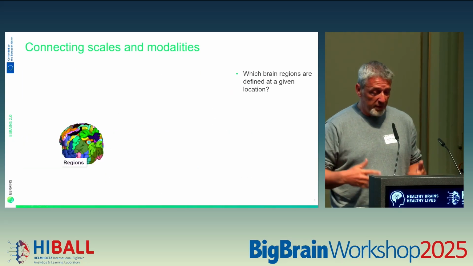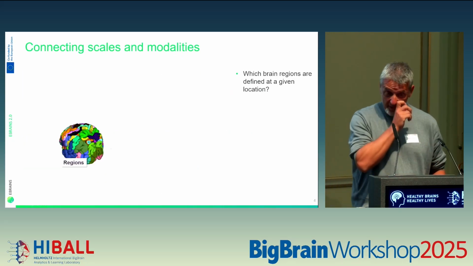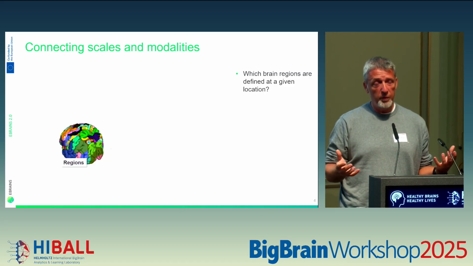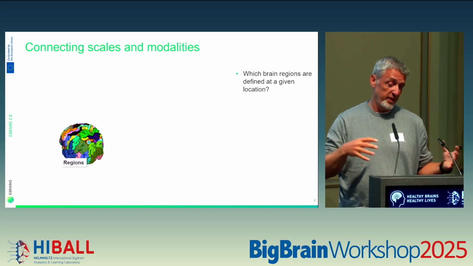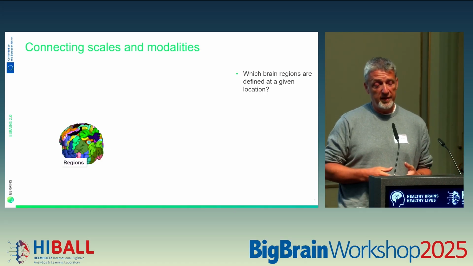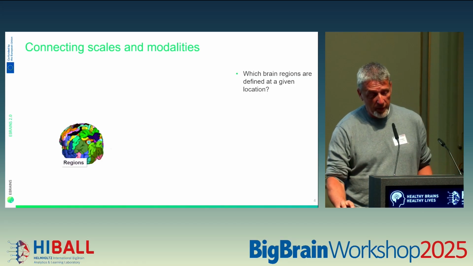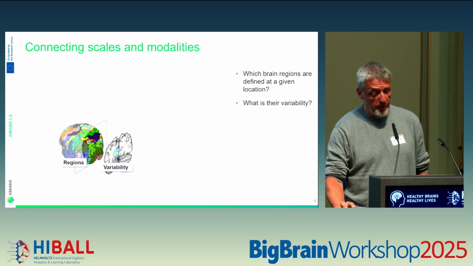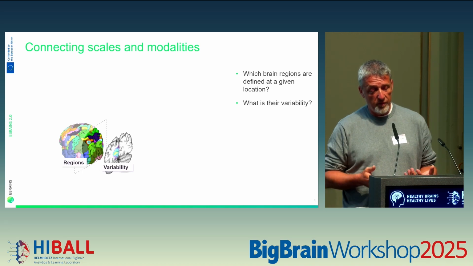So, why do we need all those complicated nomenclature and terms? Because we really have to bridge a very large scale, and also we have to bring in different modalities. Here we can see different regions, one parcellation scheme. This is the BigBrain atlas, and this defines individual areas. Those areas always have a variability.